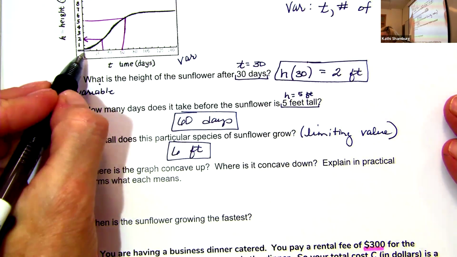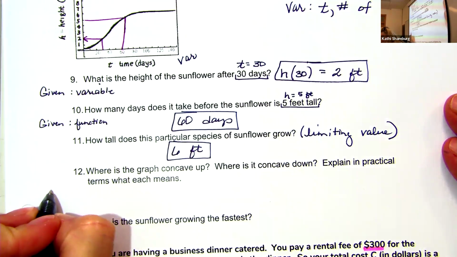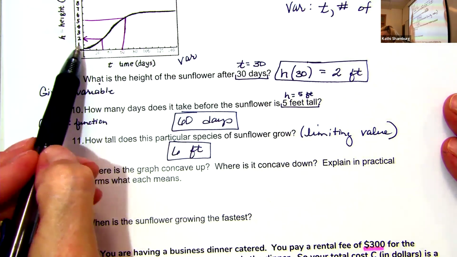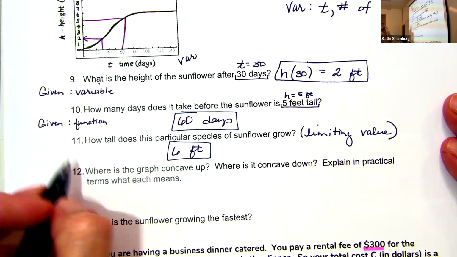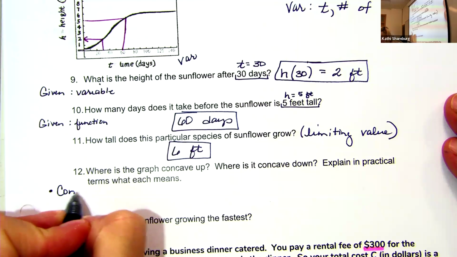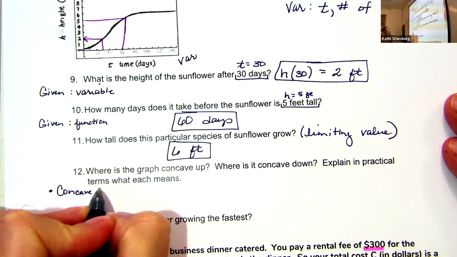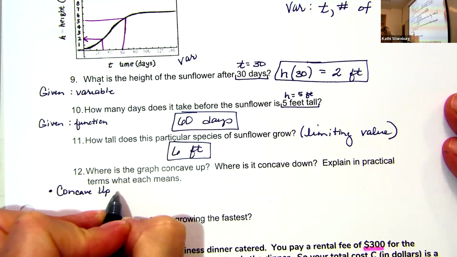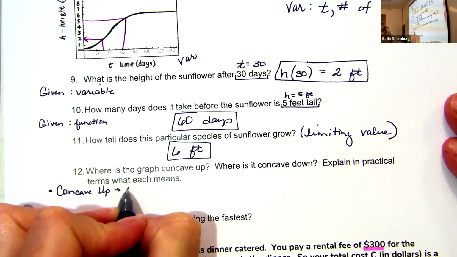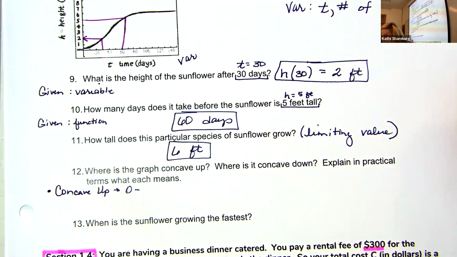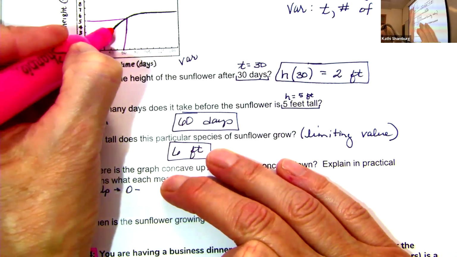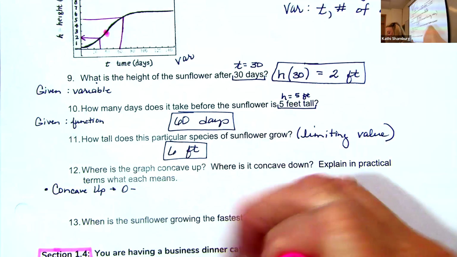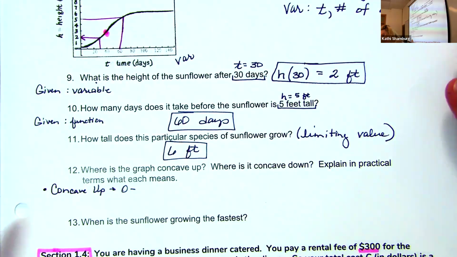So if we start with 0 days, so what is the first part of this graph doing? Concave up. So I'm going to start and say concave up. And that occurs from 0 to what about right here? So we'll say to 40 days.